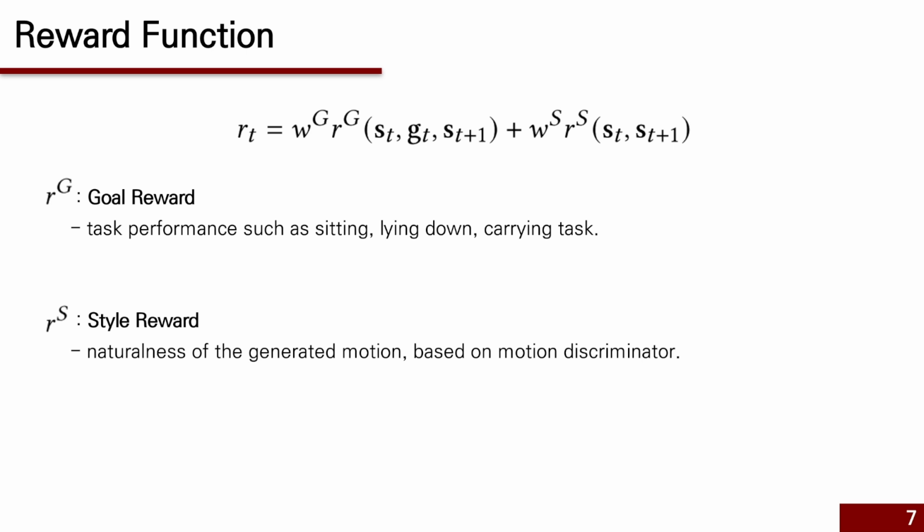It indicates the naturalness of the generated motion based on how well the policy deceived the motion discriminator. The total reward is the sum of these two reward terms. The objective of reinforcement learning is to maximize this reward. Therefore, the policy learns to generate natural motion while accomplishing the task.